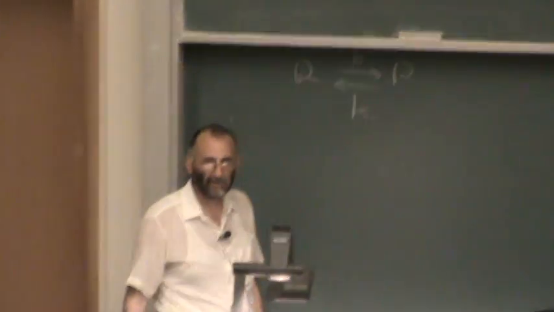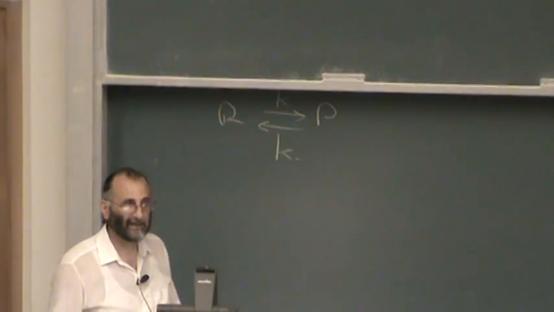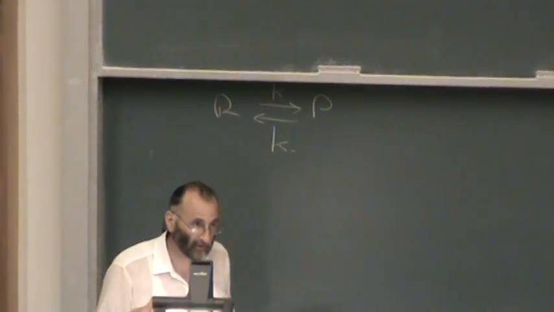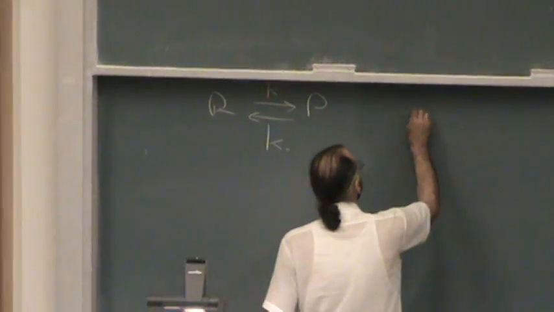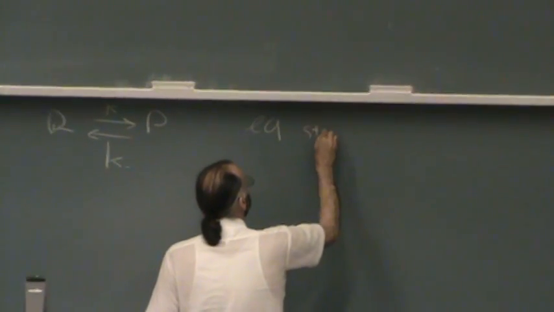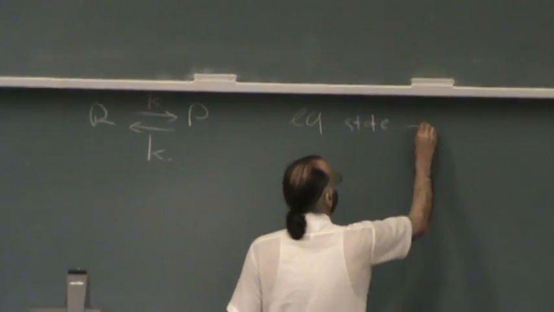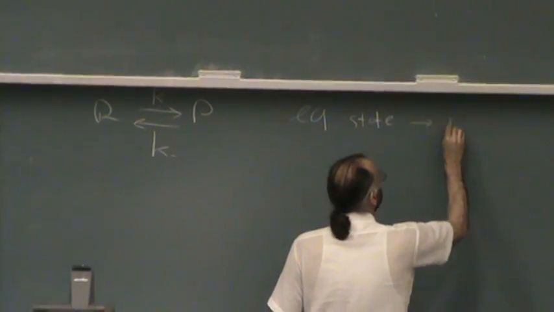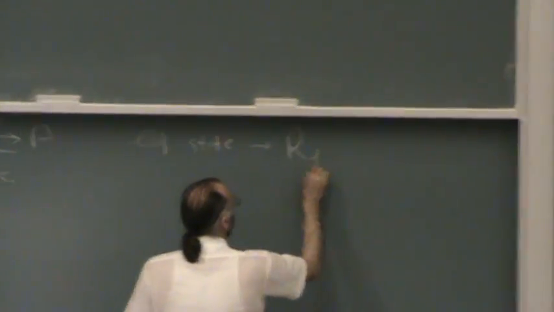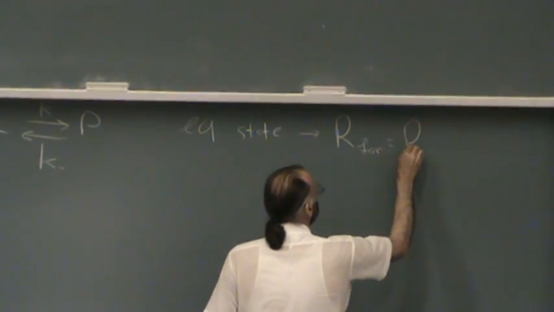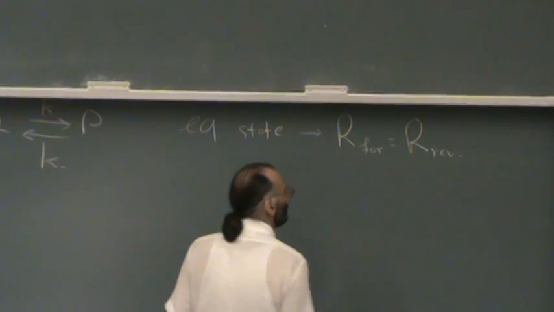Now, when this system is in equilibrium state, what does it mean? By definition, the rates of the forward and reverse reactions are equal. Yes? So equilibrium state means that the rate of forward is equal to the rate of reverse.